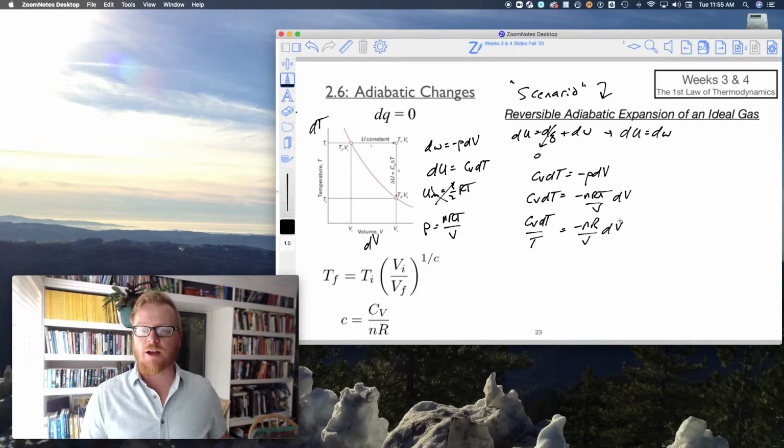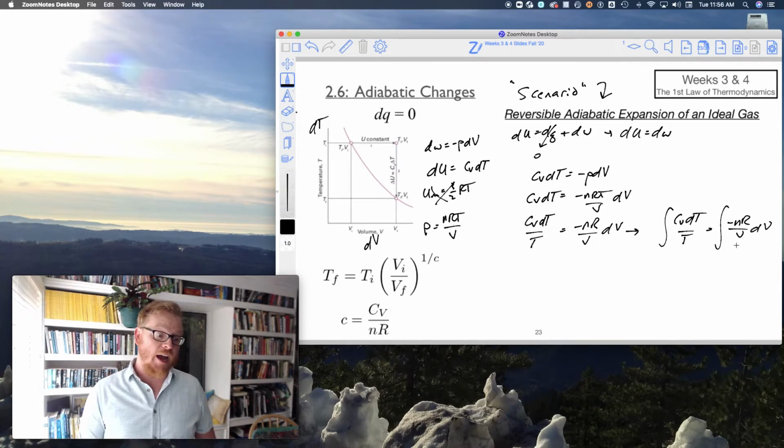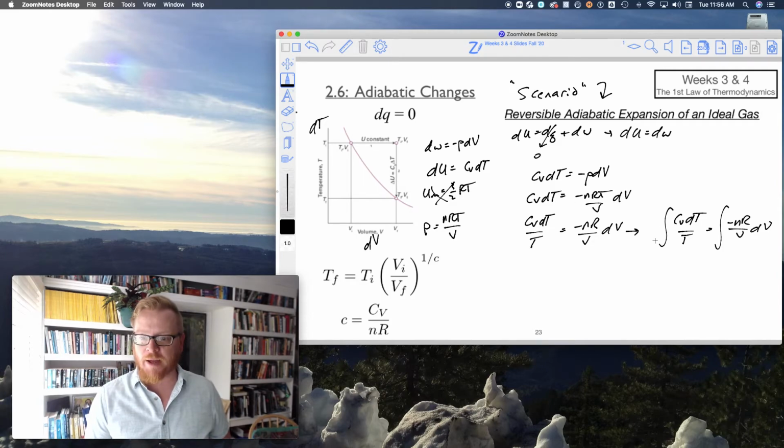And the way that we conquer this thing is by integrating both sides. So Cv dT over T equals negative nR over V dV. So I integrate both sides with respect to their variables, okay? And of course I'm integrating those from initial to final, and we recognize that this would be Ti to Tf, and this would be Vi to Vf, okay?